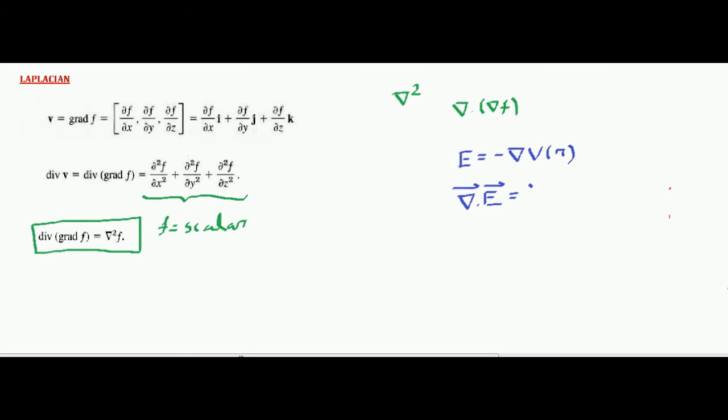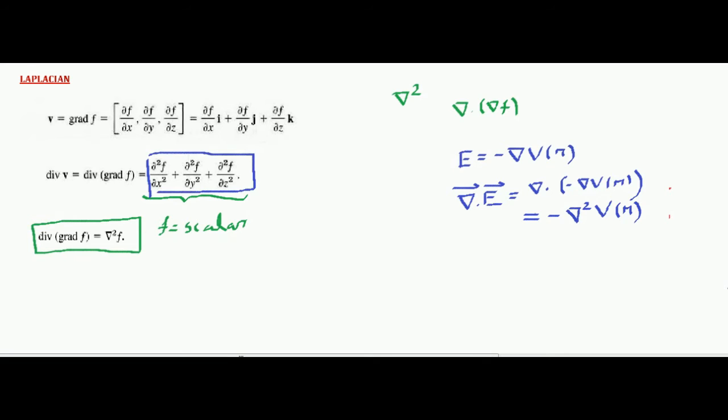So when you do divergence of electric field, you find that the electric field itself can be represented as a gradient of a function, and this is a scalar function. So you get here a minus of Laplacian of a scalar function, and this scalar function is a potential.